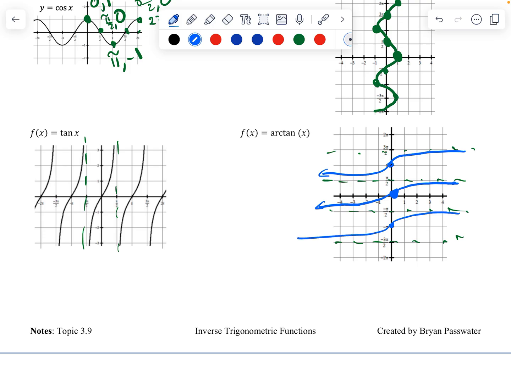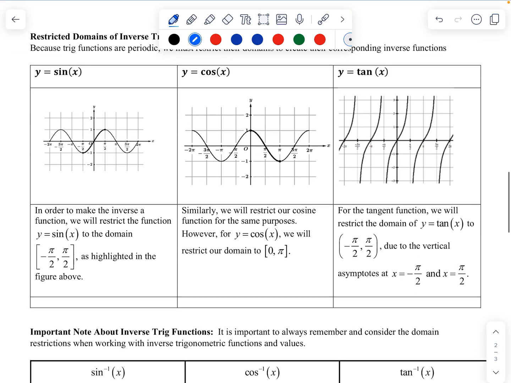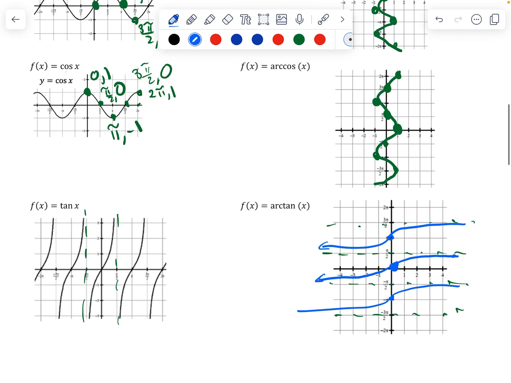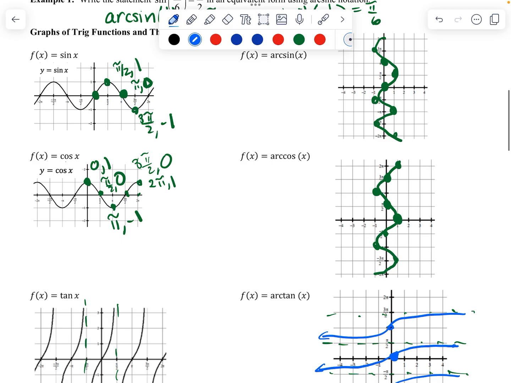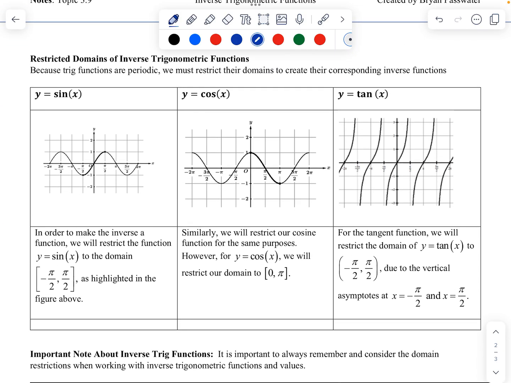All right, so now when we're talking about inverse trig functions, we have to restrict their domains, because otherwise, remember the vertical line test? This is not a function, right? Because it hits it twice. So we restrict their domains when talking about inverse functions. Our domain restriction for sine is right here, because then its inverse is a function.